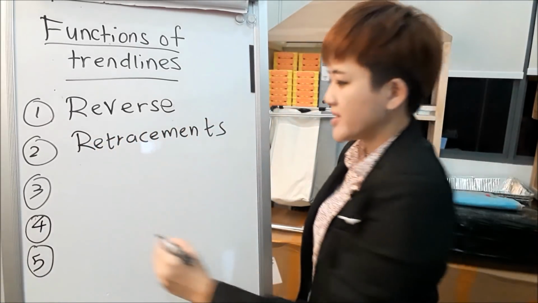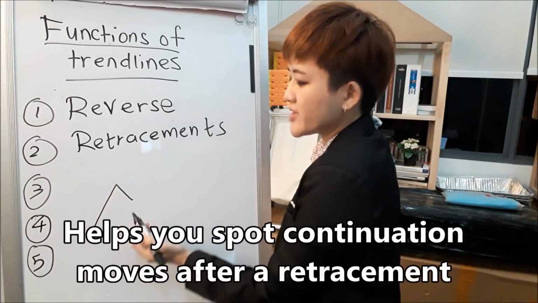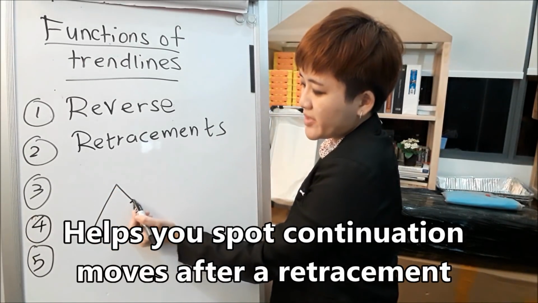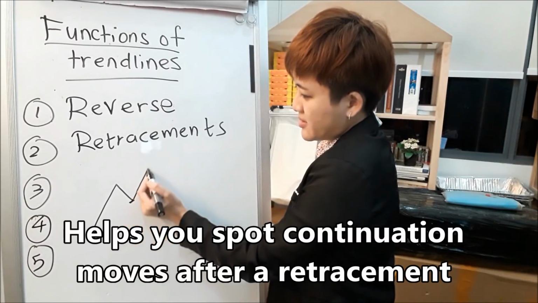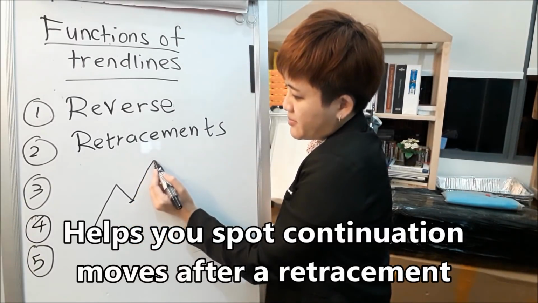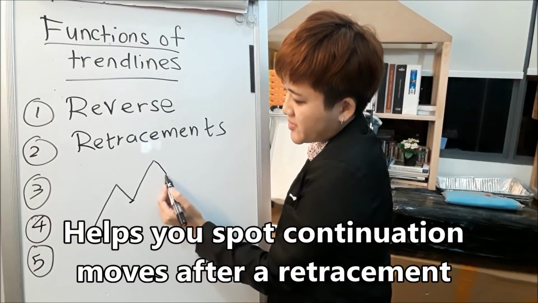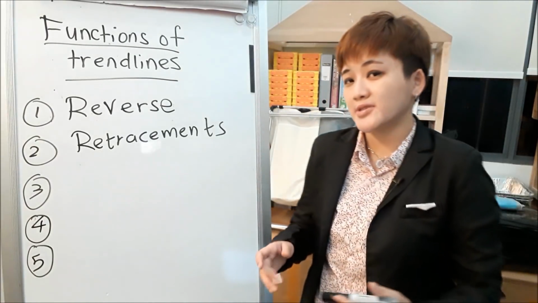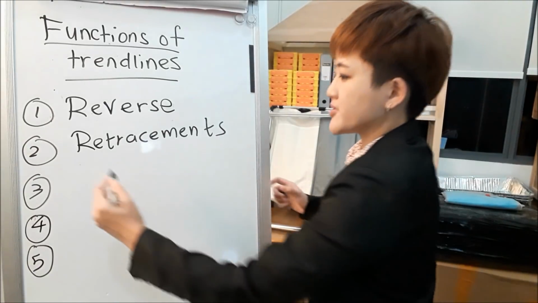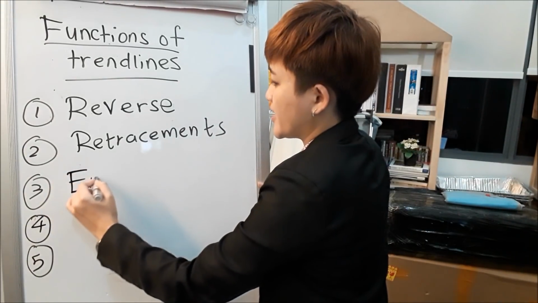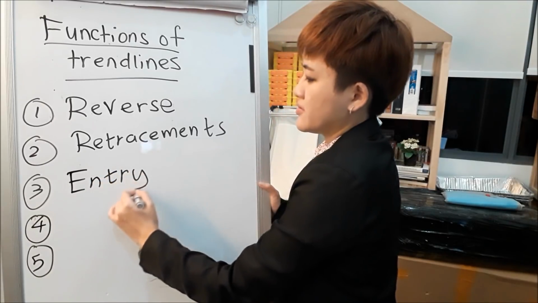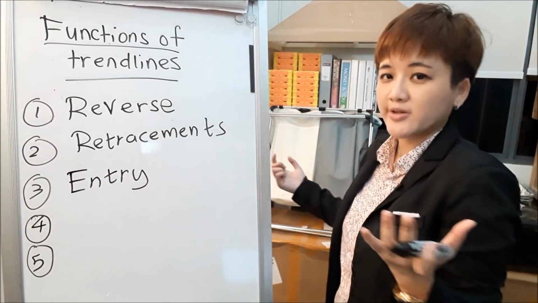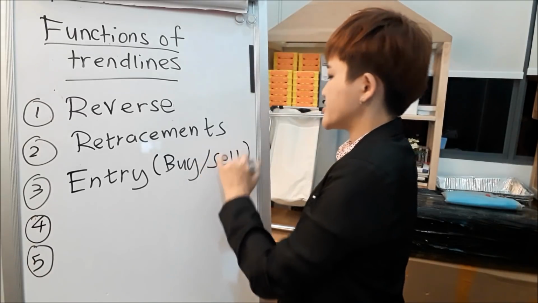Once the price retraces, you can more or less tell it will bounce off from here, and then the price goes up again, and the price retraces, and with the trendline you can tell that it bounces off from here. A lot of people use that as an entry point, so it can, in a way, tell you places where you can enter, whether it's a buy or sell.